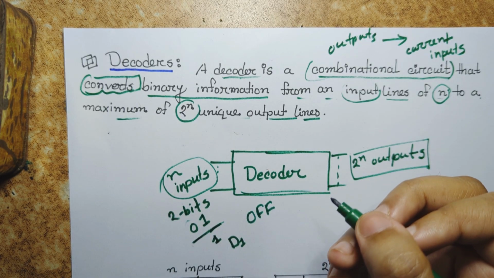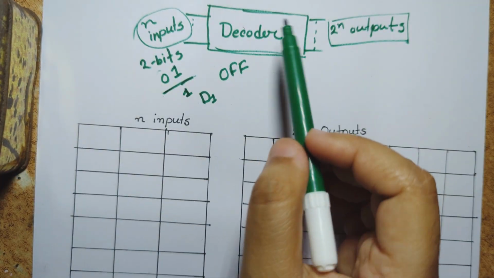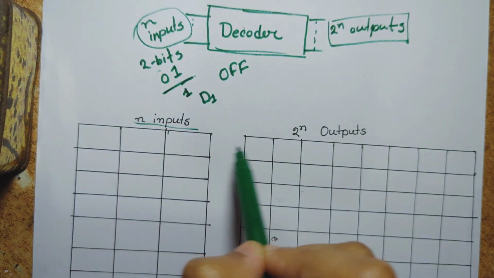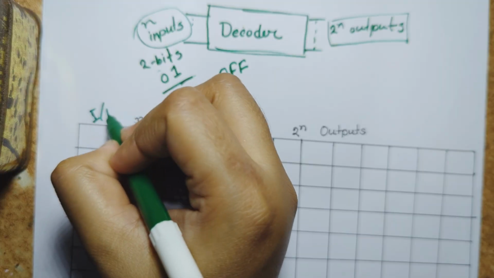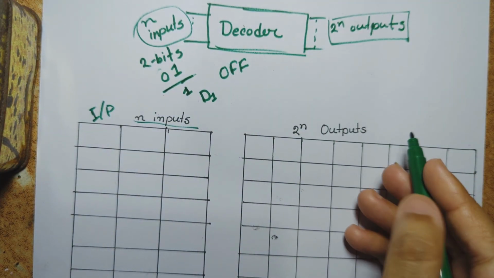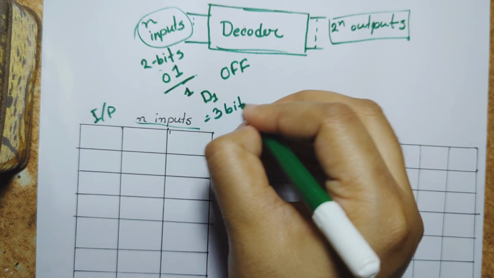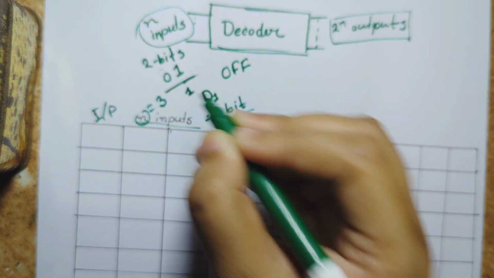Let's see the table for the decoder. According to this diagram, we will take n number of inputs. This table is for input, and this table is for 2 to the power n outputs. Suppose we take 3-bit as input, so here n will be 3.